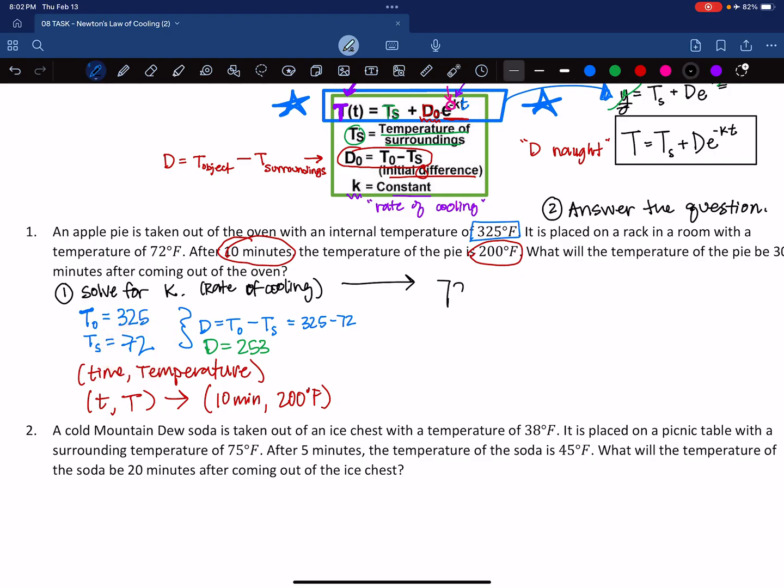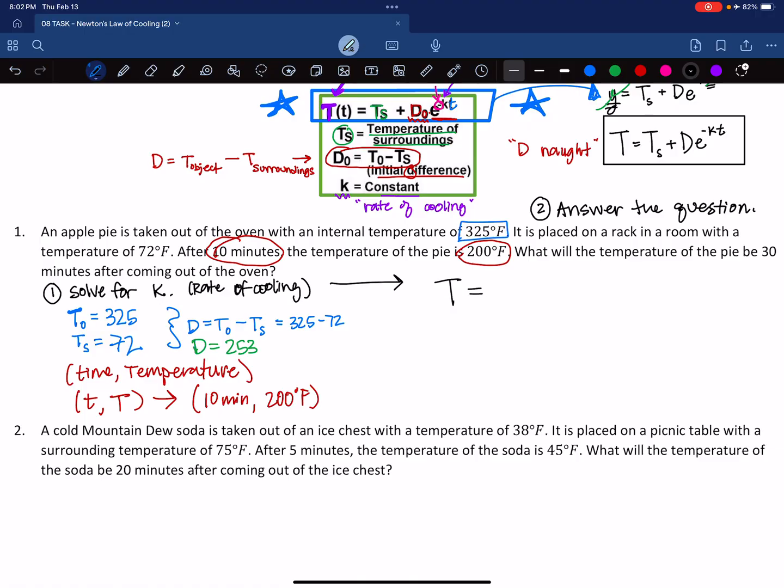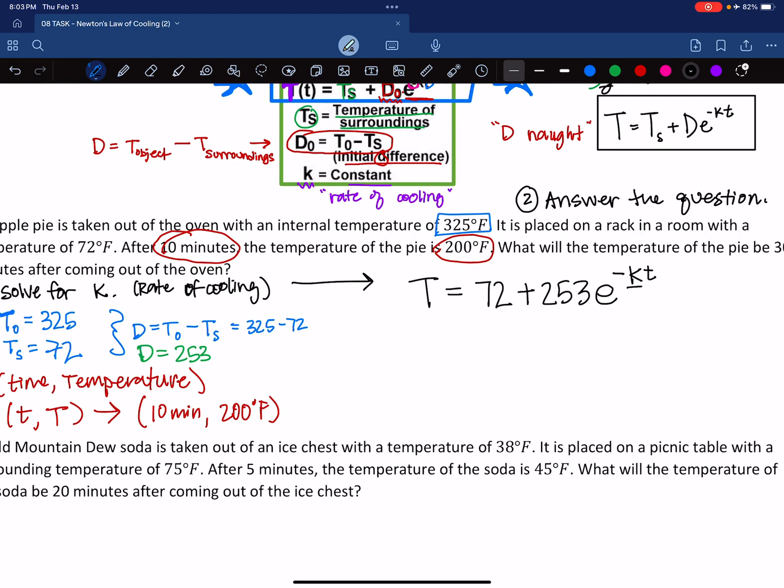T for temperature equals 72 plus the difference in temperature, 253, multiplied by e to the negative k t. We don't know how fast this thing's cooling down, so k is unknown. This is our beginning formula. There's one too many variables here. That k is what we have to solve for.